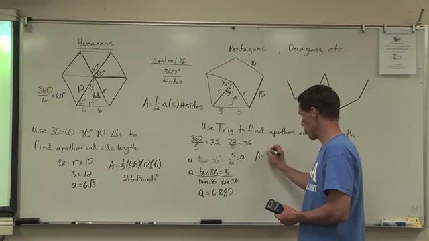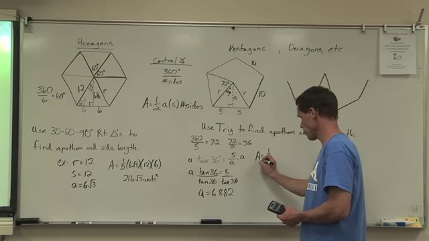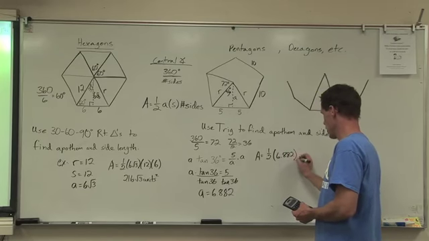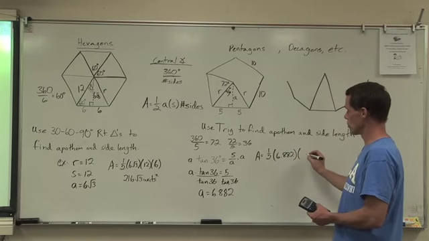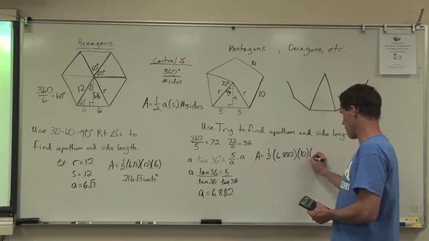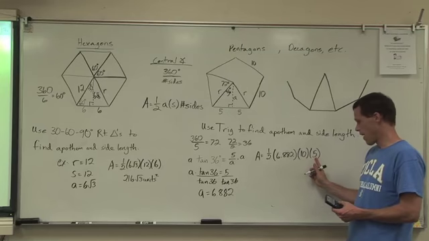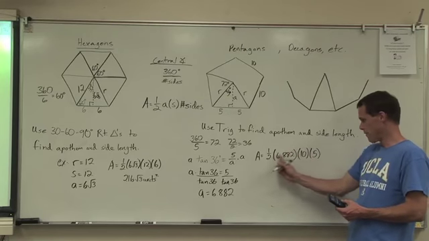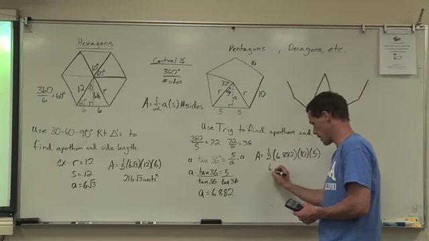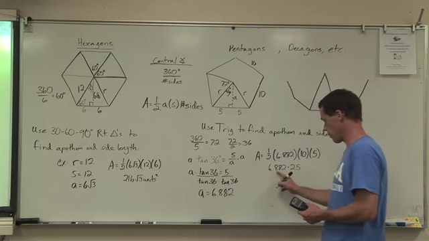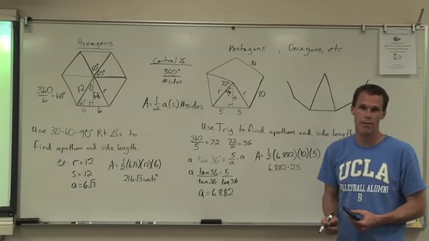Area equals 1/2 the apothem 6.882 times the side, which was 10, times 5 sides. In this case, 10 times 5 is 50, and half of 50 is 25. I can break this down before going to the calculator to 6.882 times 25.